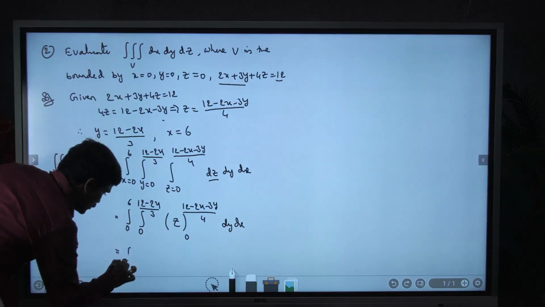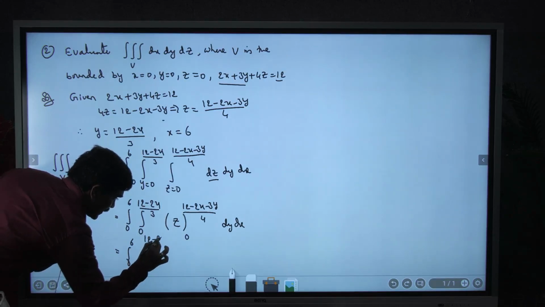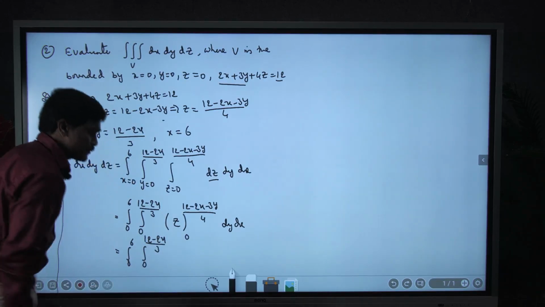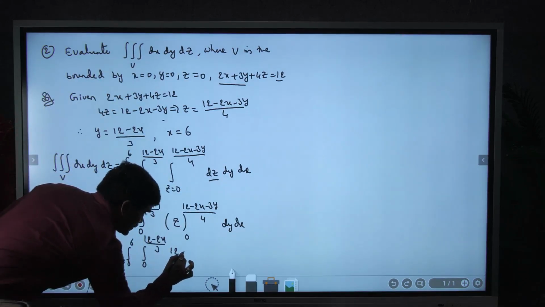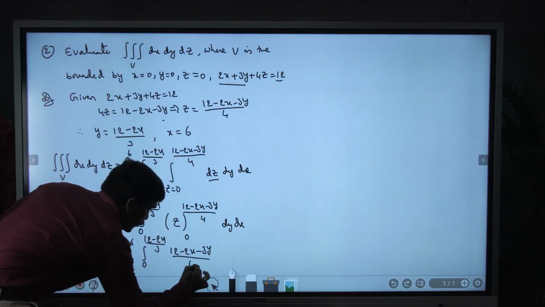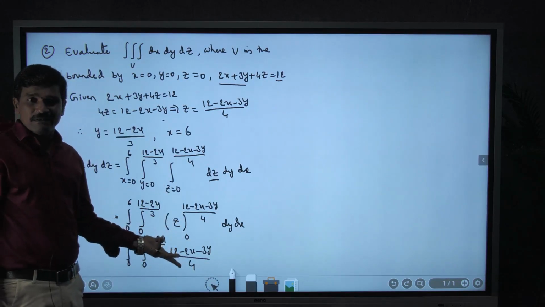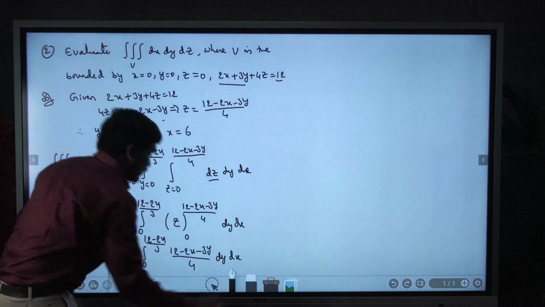Then here 0 to 6, 0 to 12 minus 2x by 3, substitute in place of z. So what is the upper limit here? Upper limit is 12 minus 2x minus 3y by 4 minus lower limit 0, into dy dx, right?